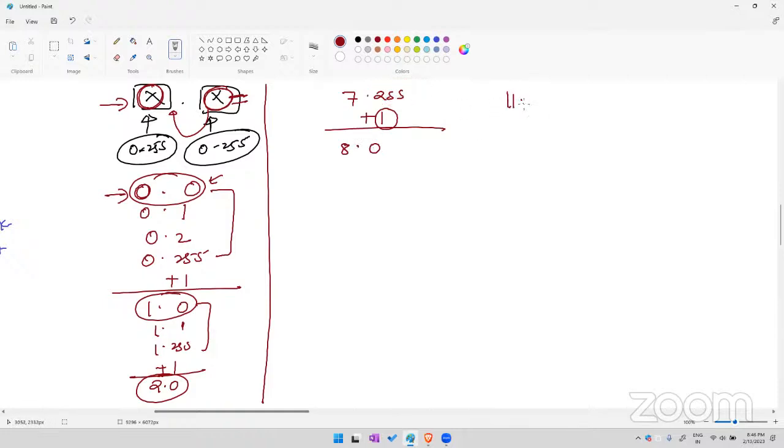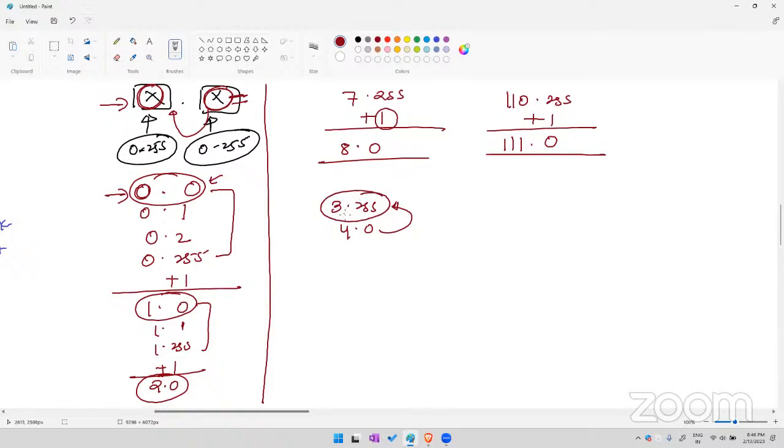If you are getting 110.255, then plus one more address, which one? 111.0. Okay. If I'm saying 4.0 is your address, which value comes before 4.0? 3.255. Yeah, that's good. Now it's a clear point.